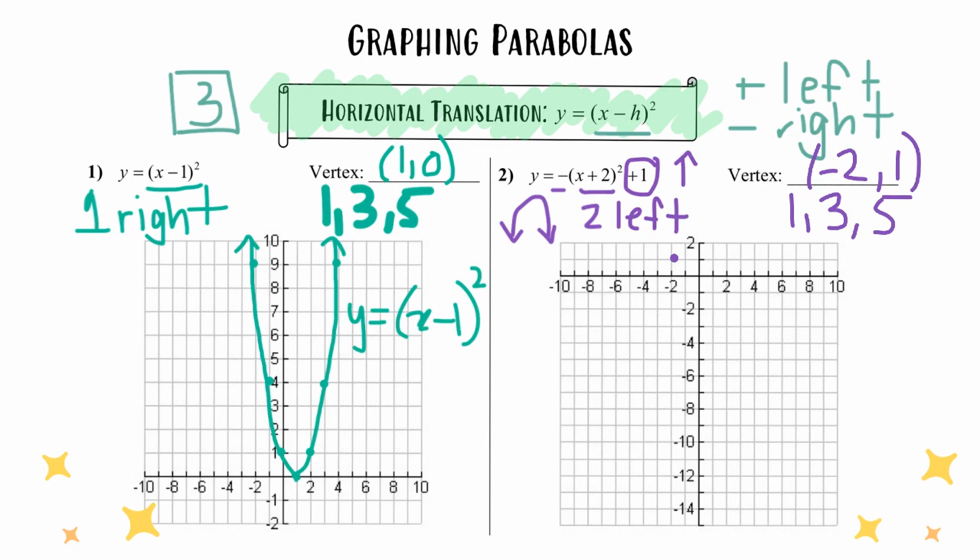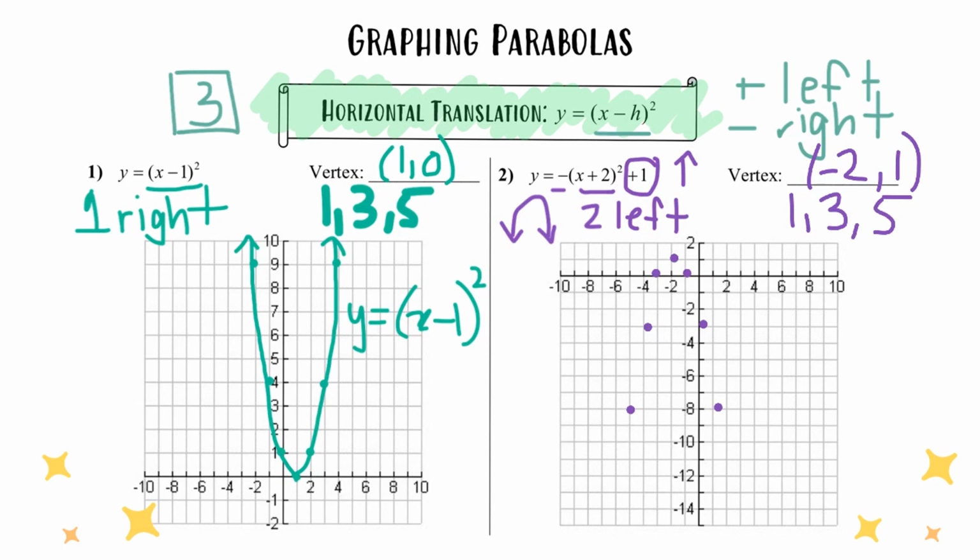So when we start to draw our points, you guys hopefully are getting used to this. Start at the vertex. You're going to go 1 to the right, down 1. 1 to the right, down 3. 1 to the right, down 5. 1, 2, 3, 4, 5. Do the same thing on the other side. Down 1, down 3, 1, 2, 3, 4, and down 5.